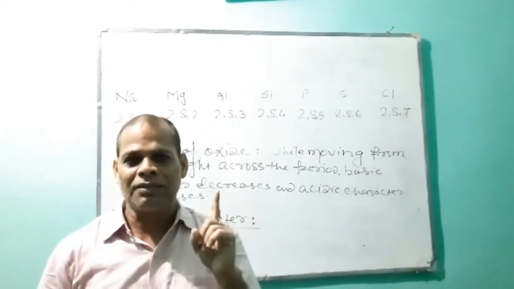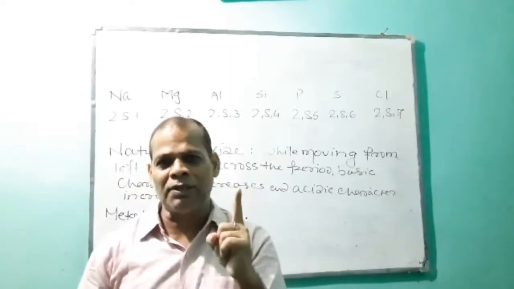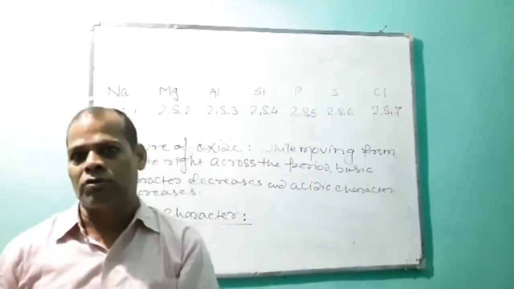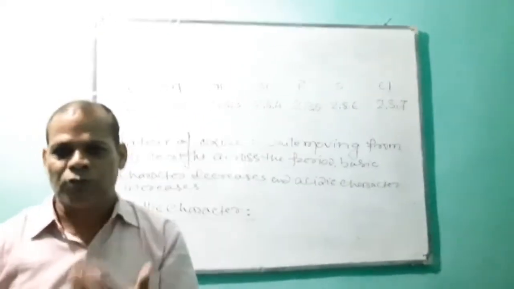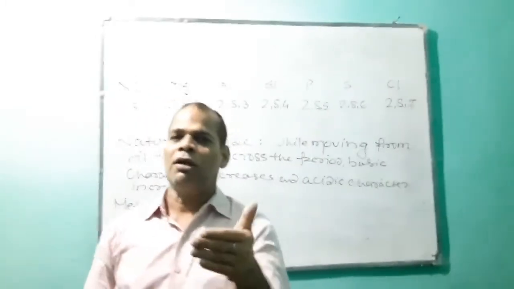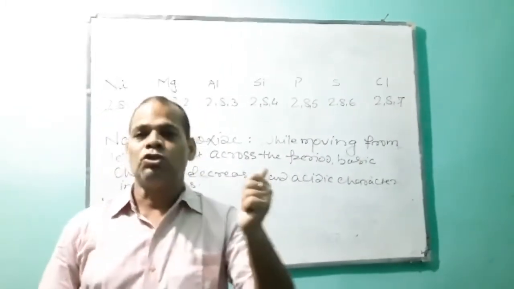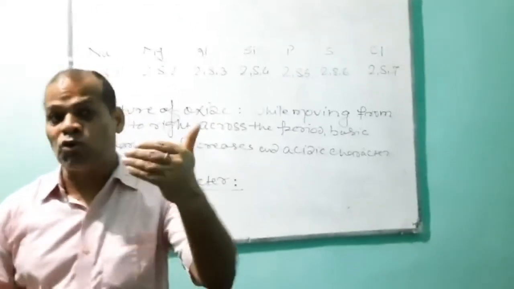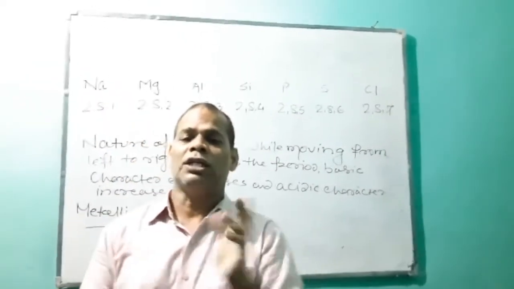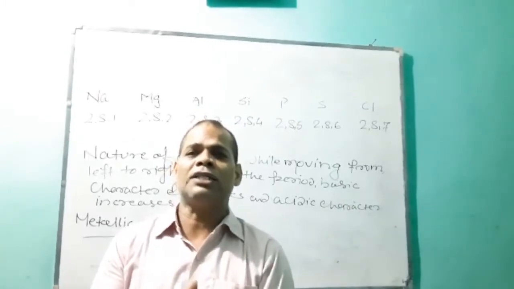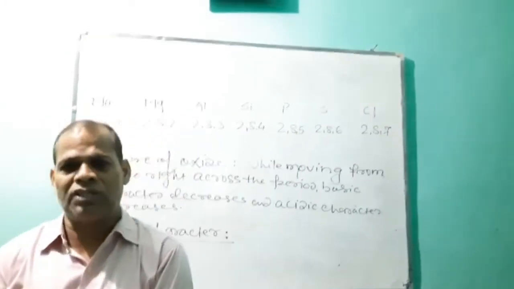Not only that, sodium gets stability by losing only one electron. With magnesium, first of all, it is smaller in size than sodium, and it has to lose 2 electrons to achieve the nearest noble gas configuration.